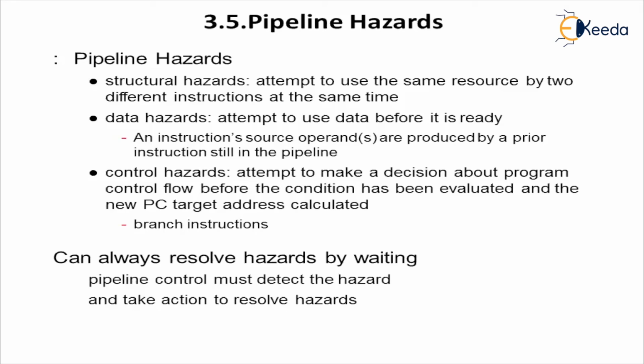So how can you resolve these hazards which are taking place? It is the responsibility of the pipeline control to detect the hazard and also to take the necessary action. What are the necessary actions?